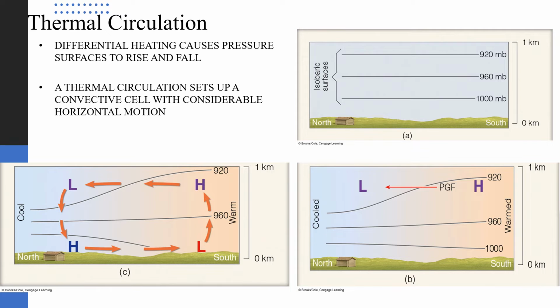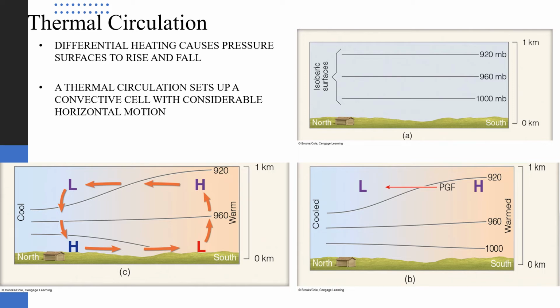We now have a distribution of pressure and temperature and a circulation of air. If you look at picture C, as the cool surface air flows southward, it warms and becomes less dense. In the region of surface low pressure, the warm air slowly rises, expands, cools, and flows out the top at an elevation about 1 kilometer above the surface.